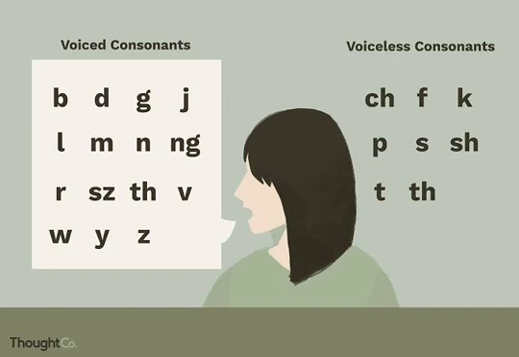P as in pig, F as in fun, T as in theory, S as in soon, Sh as in ship, T as in tank, K as in kind, H as in home, Ch as in cherub.